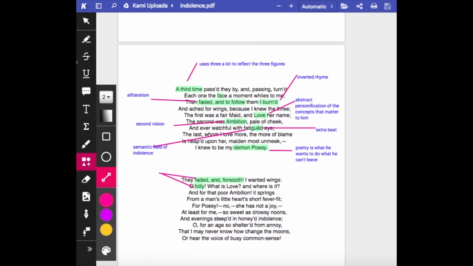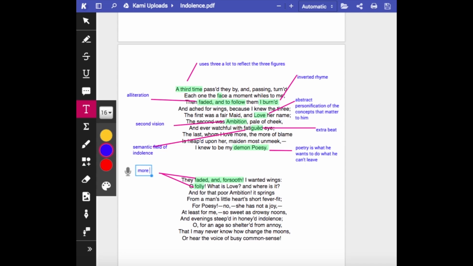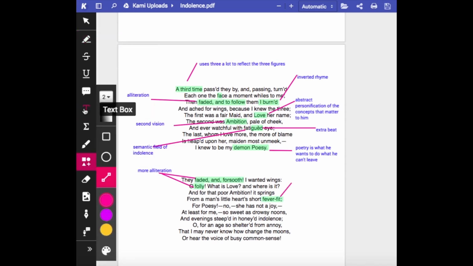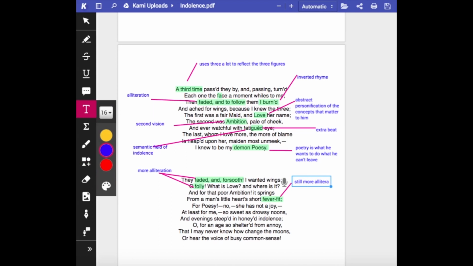Then a bit more faded and forsooth and folly, more alliteration, more rhetorical questions. I wanted wings, oh folly, what is love, and where is it? And more use of alliteration. Fever fit. And his problem is not ambition nor love, but poesy.